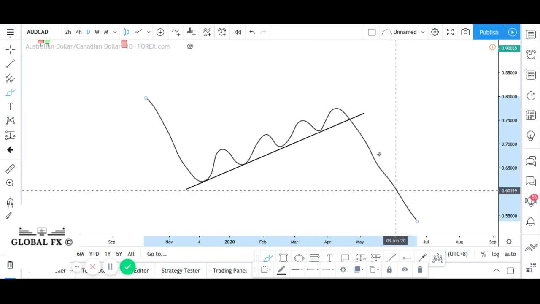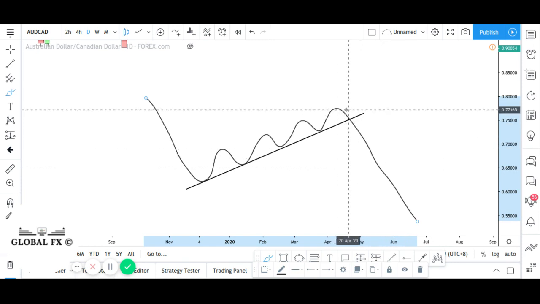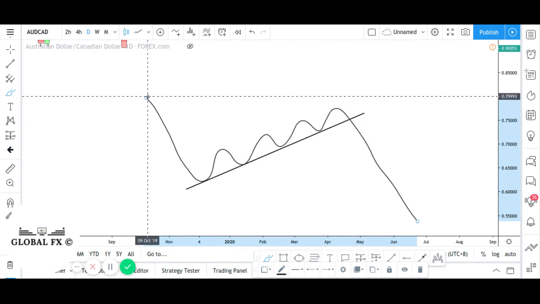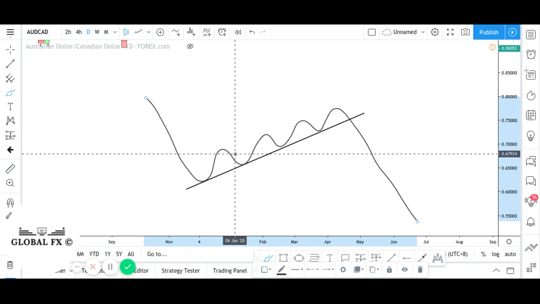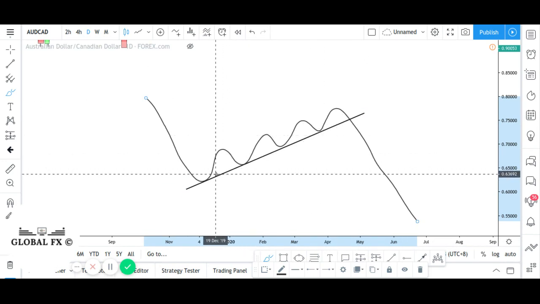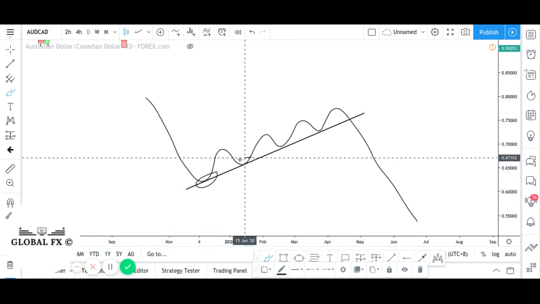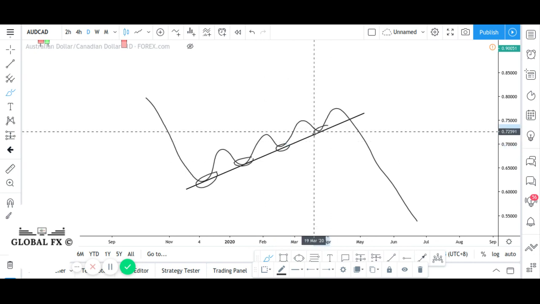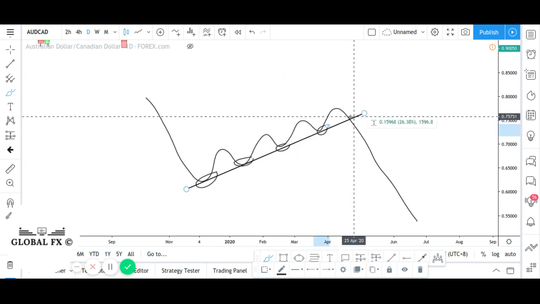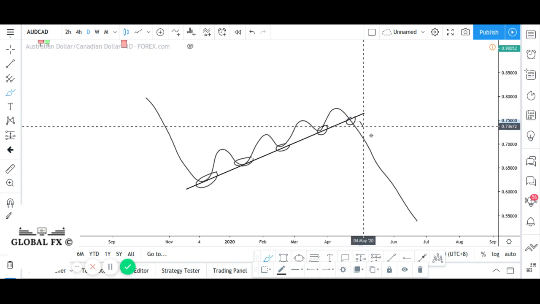In order for us to profit off this market, we need to understand how these counter trend lines work, because a counter trend line on a bearish market would run on support, support, support, support, and then after the support is broken, then it's definitely going to be a downtrend.